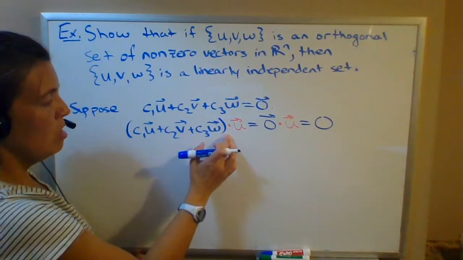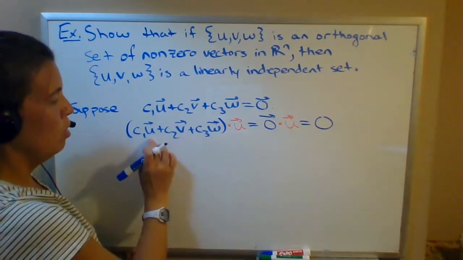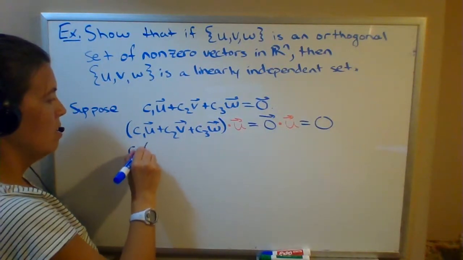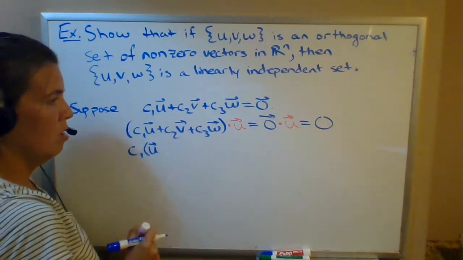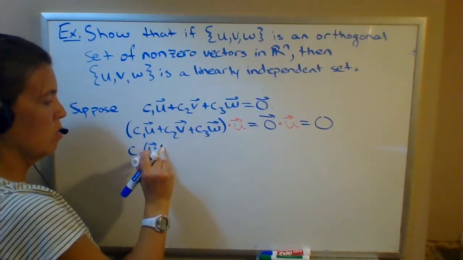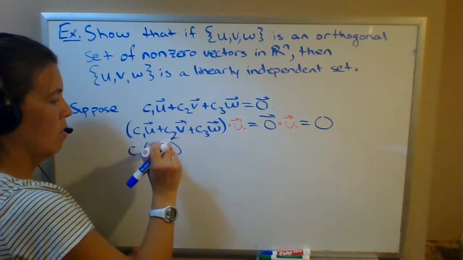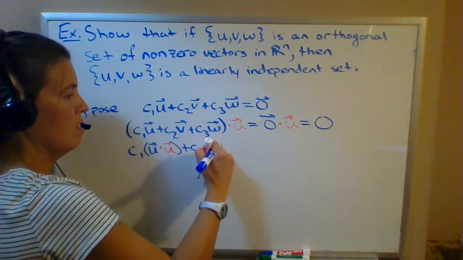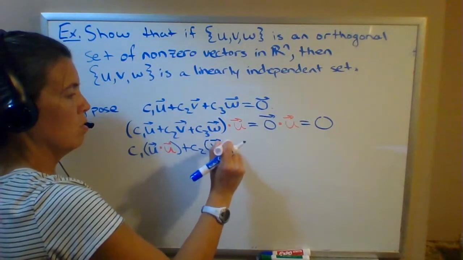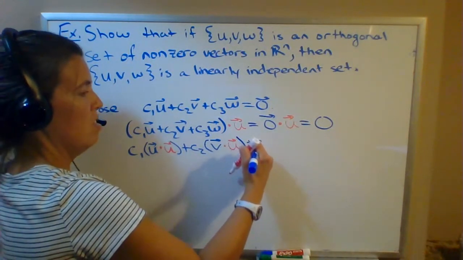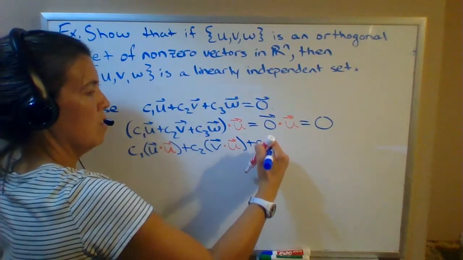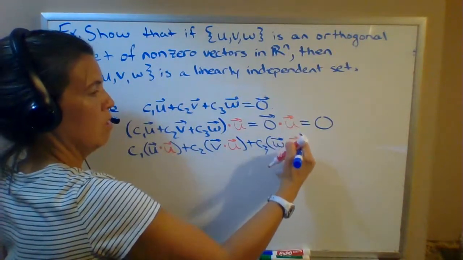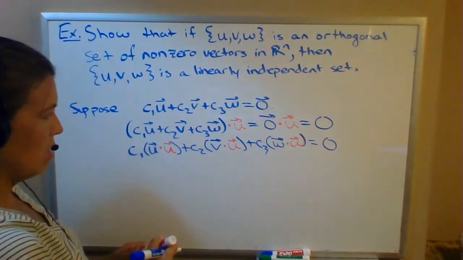On this side, you can distribute the inner product with u across each part of this linear combination. So we can write c1 times u dot product with u, plus c2 times v dot product with u, plus c3 times the inner product w with u, equals the scalar quantity 0.